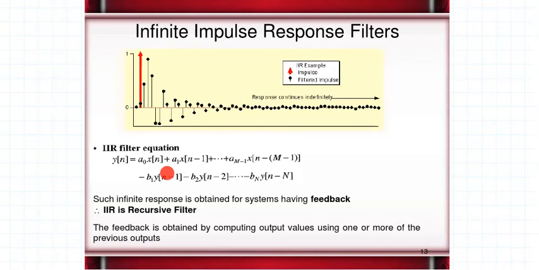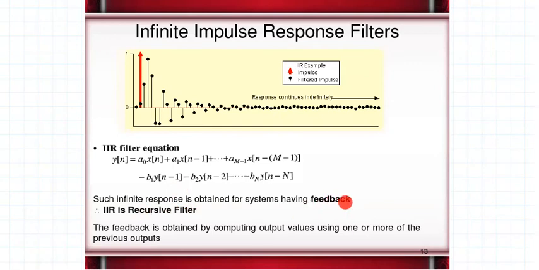Therefore the output in an IIR filter is said to have a kind of feedback, because it is dependent on one or more previous outputs. If the output has a feedback term, you call such a filter a recursive filter. So IIR filters are basically recursive filters because there is feedback involved.